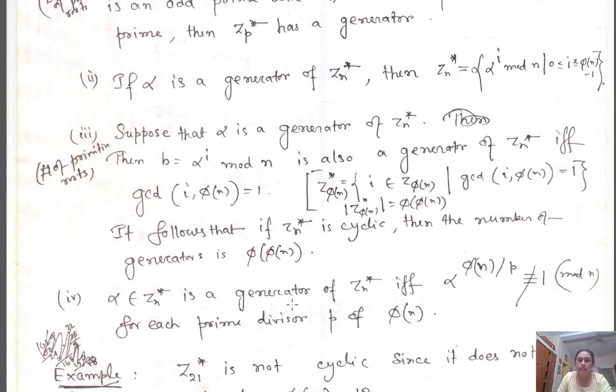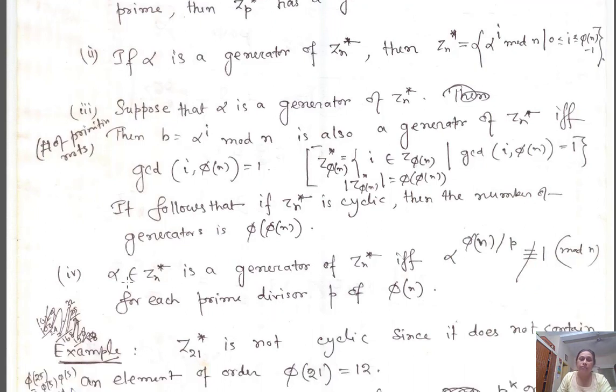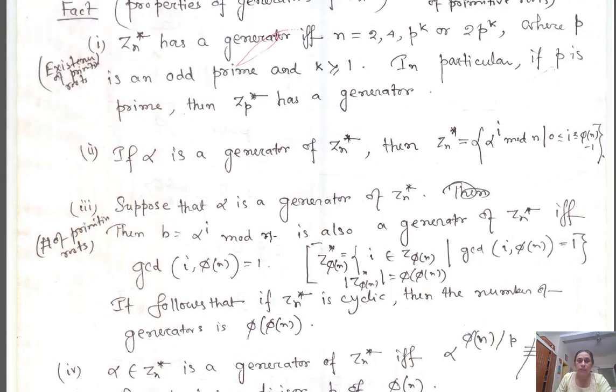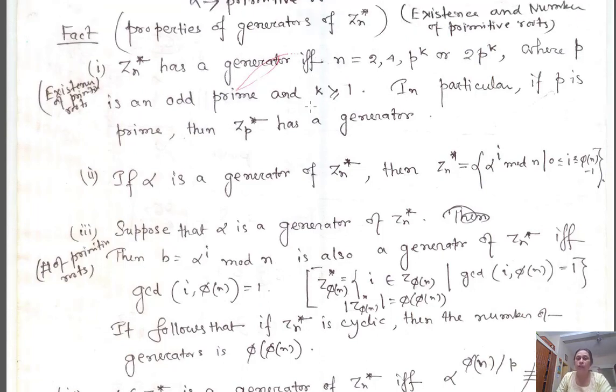And another thing is, alpha belonging to Zn star is a generator of Zn star if and only if alpha to the power phi n divided by p is not congruent to 1 modulo n, for each prime divisor p of phi n. You can prove all these things, but the proof of this first one is not that straightforward. In number theory, we covered this proof.